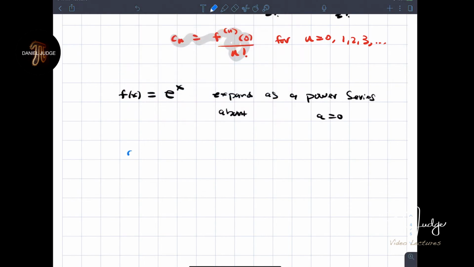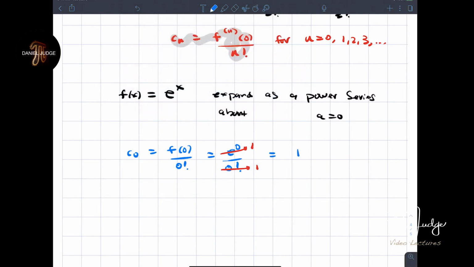So that we know c naught is really f of 0 over 0 factorial, which is e to the 0 over 0 factorial. 1, 1.